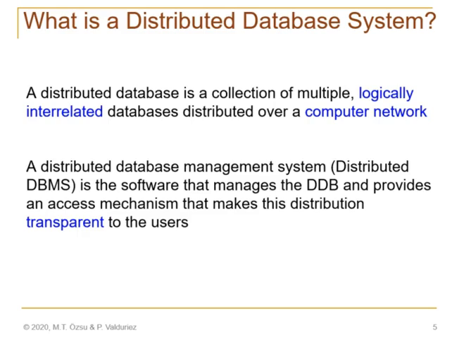I mean, we design a structure that has some logic in a single database, from which we want to extract data by using a querying system. So the distributed database will be logically interrelated databases. These databases may be multiple sections or fragments of a database, and they are all distributed over a computer network. So that will be the distributed database.